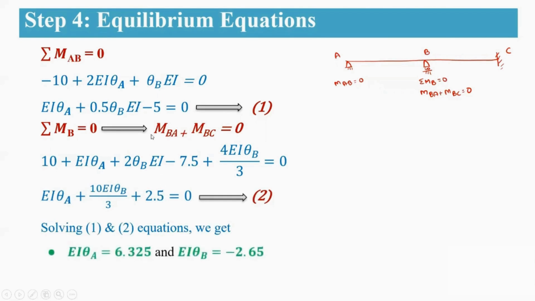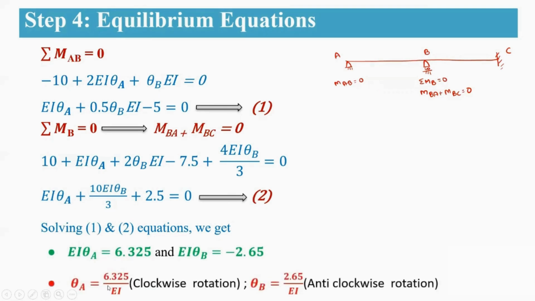And by solving equations 1 and 2, you are going to get theta A to be positive and theta B to be negative. So that means theta A will be a clockwise rotation and theta B will be an anti-clockwise rotation. So this is again a sign convention in the slope deflection equation.